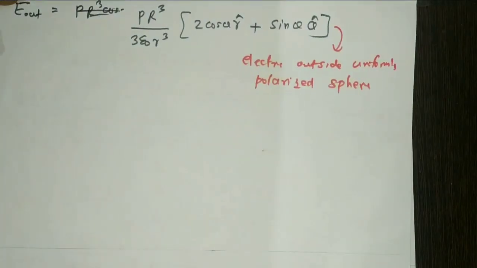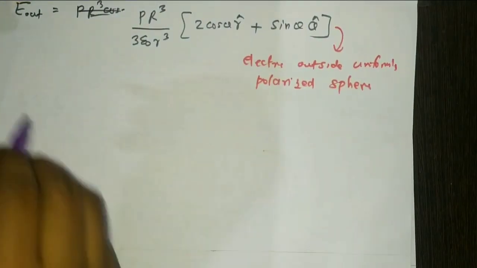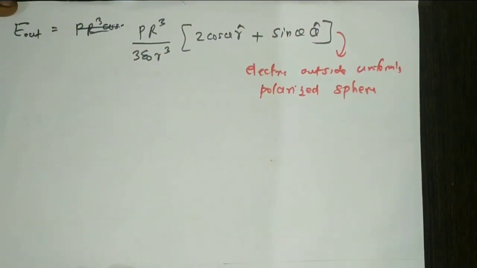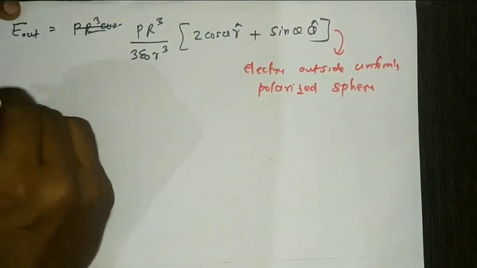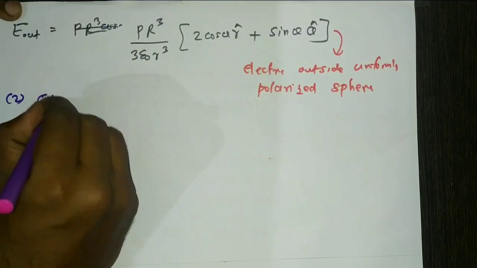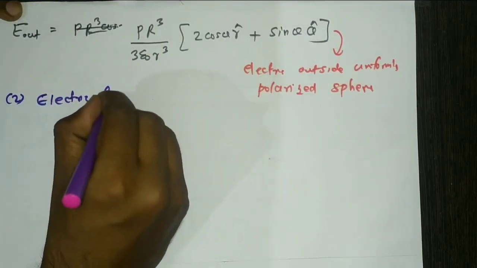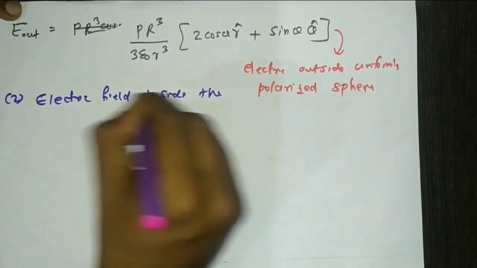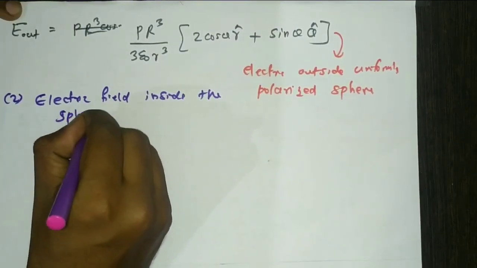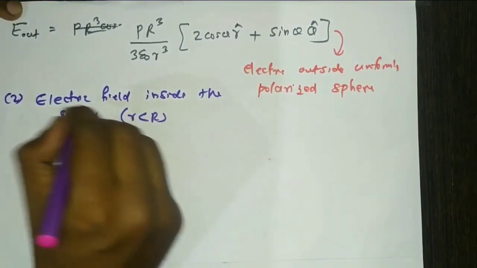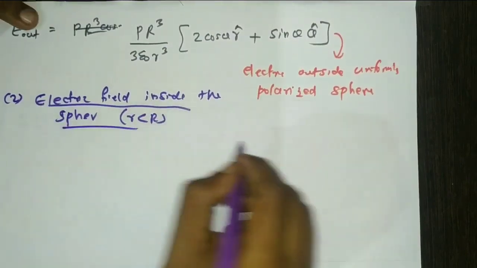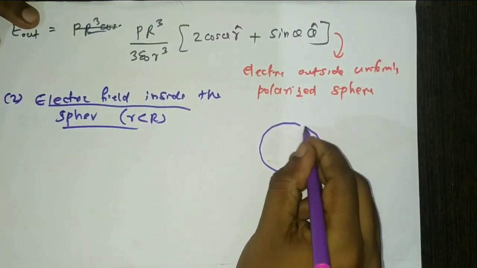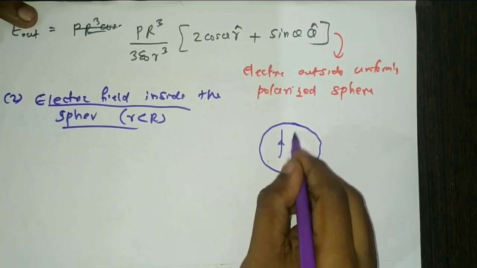Now our aim is, let us do the second one, that is the electric field inside the sphere. Here r is less than R. This is our polarized sphere.